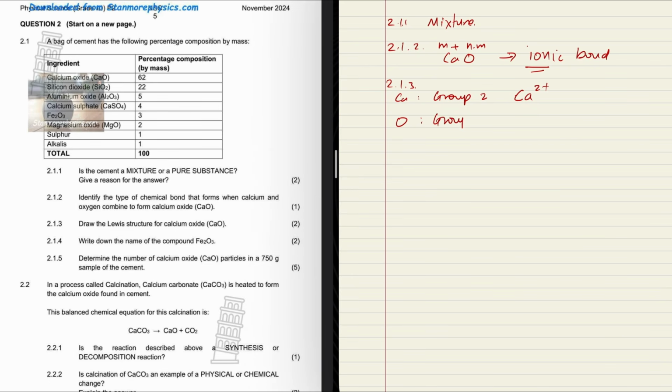So group 6 or 16, and so it's going to have a charge of -2. So O2-. So essentially we have Ca2+ and we have O2-, and since these numbers are the same, we're not really interested in the minus or the plus right now. Since the numbers are the same, we can just join them together. So this is going to be the chemical formula, CaO.